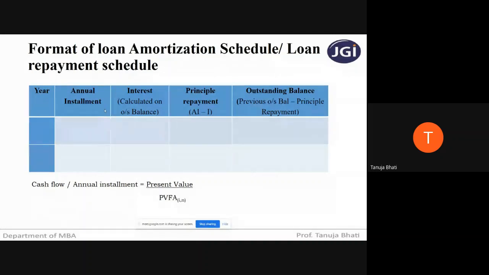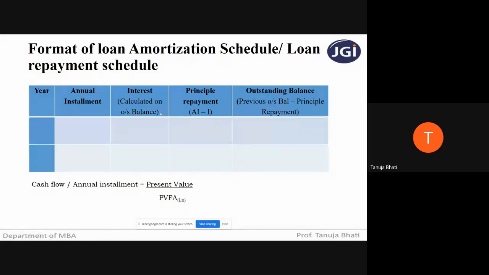Now, how do you calculate the interest portion? Interest portion is calculated on the outstanding balance. Suppose you have taken a loan of 10,000, so 10,000 is still the outstanding balance that you need to pay to the bank. So on the outstanding balance, interest is calculated. Always remember, interest is calculated on outstanding balance.